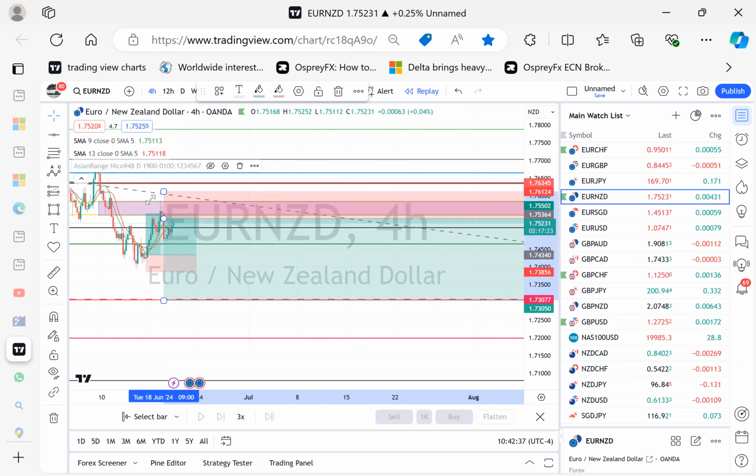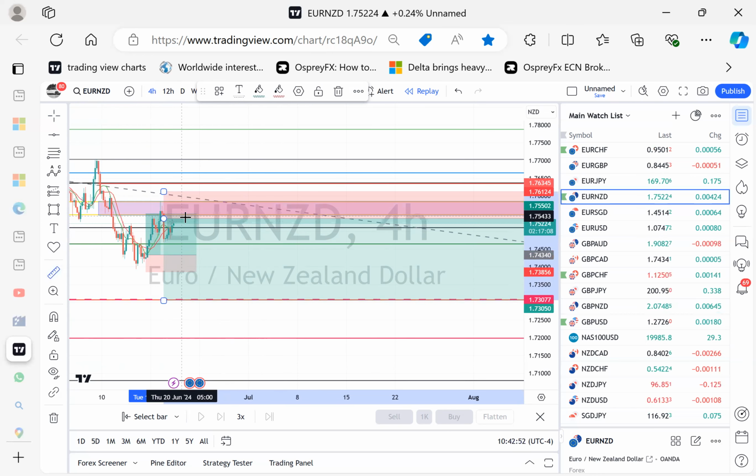As long as this first order block is covered, that should protect you. So this will give you a 3% risk to reward on this trade, and an easy win of 100 and some pips, I'm sure. This is 228 pips. Yeah.